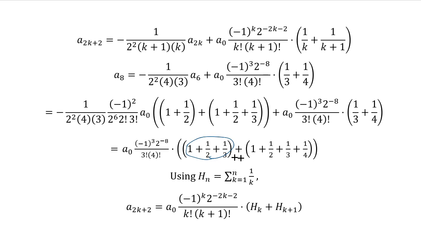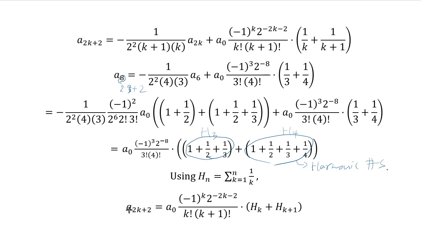And these numbers are called harmonic numbers. And this we can call h of 3, and this we can call h of 4. And once you have named them like that, then you can see that this 8 is 2 times 4, or 2 times 3 plus 2.